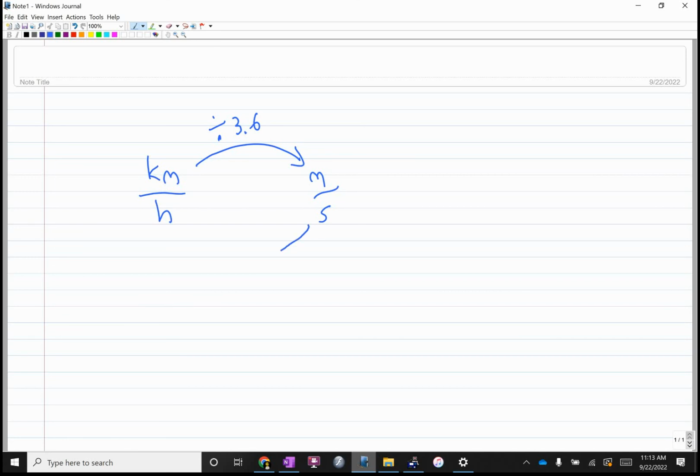What about to go from meters per second to kilometers per hour? What do you think I would do? On your green formula sheet at the bottom of the front page, why don't you add that? Because we're going to do that one so often, I'll derive that once and then I'll stick it on my formula sheet.